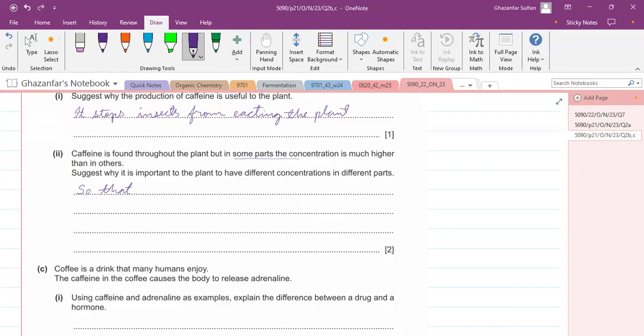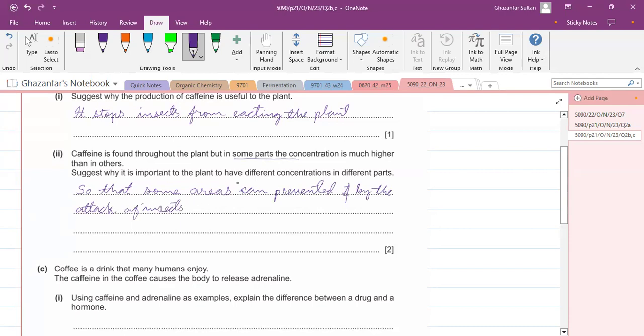So that some areas can be prevented from the attack of insects.